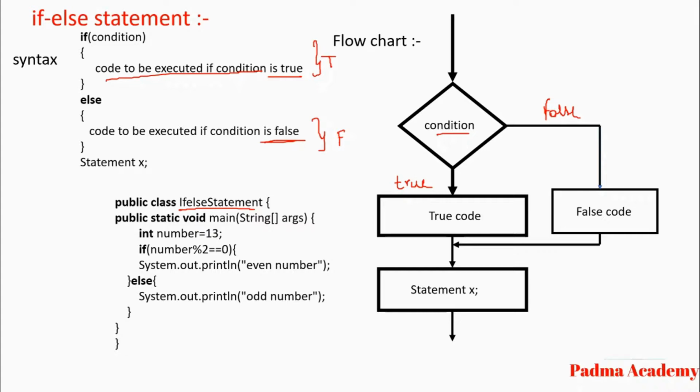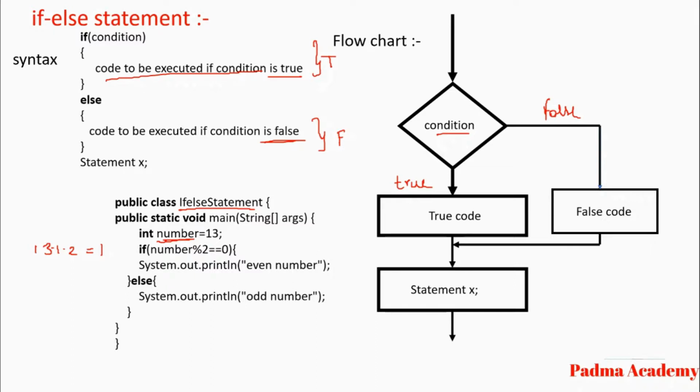Then we have taken a variable number of type integer, and we have assigned the value 13 to it. Then we are checking if number mod 2 is equal to 0. 13 mod 2, the remainder, is 1.